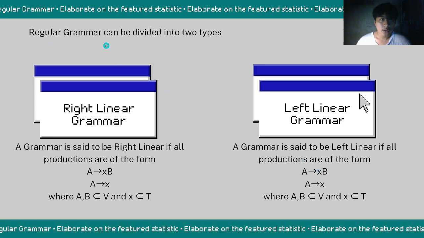Regular grammar can be divided into two types: right linear grammar and left linear grammar.